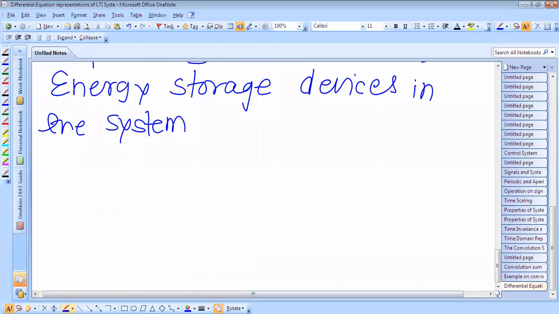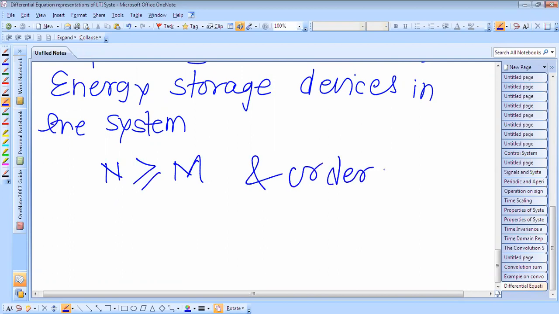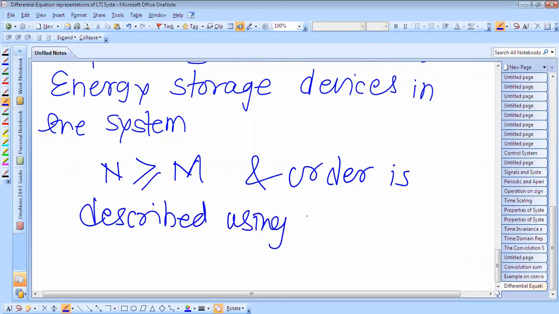Often n is greater than or equal to m, and the order is described using only n.